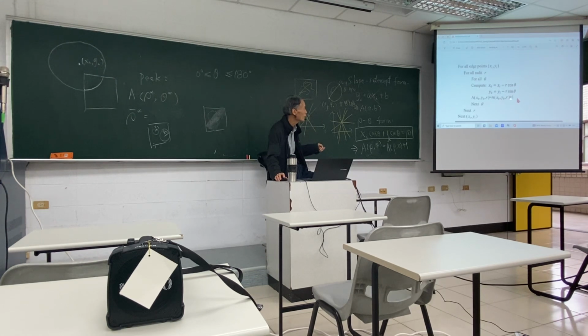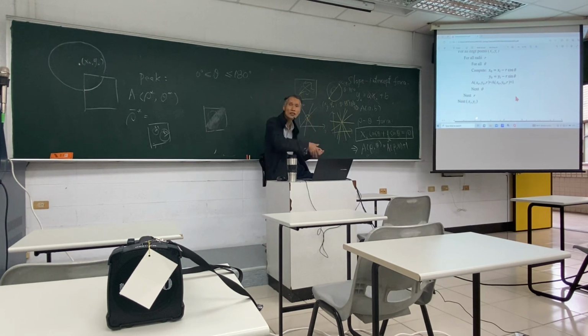After that, we try to identify the peak from the accumulator. And again, you can use the mean square error to fine-tune the center and the radius of the circle. At the meantime, when you do the accumulation, you need to recall what are the points that fall on the circle with these parameters x0, y0, and the radius r.